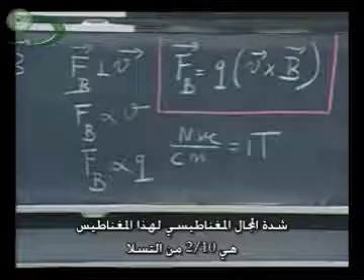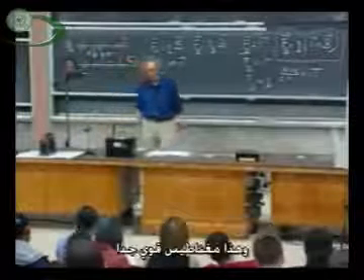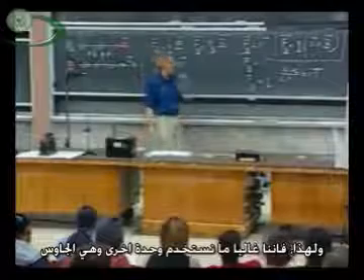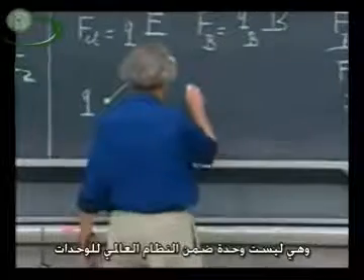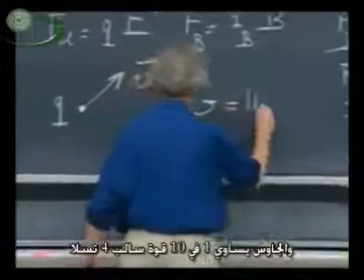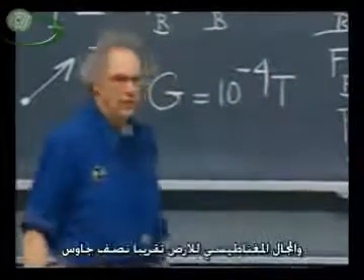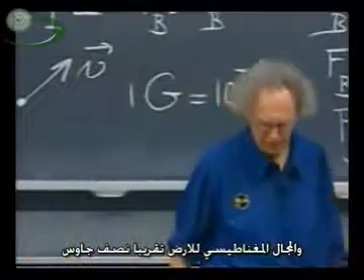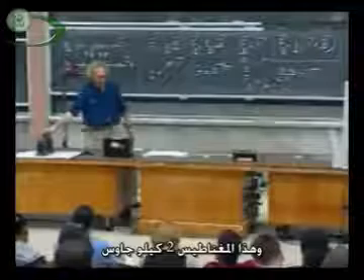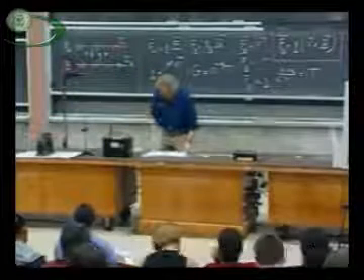The magnetic field of this magnet is only 2/10 of a Tesla, and that's a very strong magnet. We often use a unit which is the Gauss, which is not an SI unit, but you'll see it often in books, and 1 Gauss is 10 to the minus 4 Tesla. The Earth's magnetic field is roughly half a Gauss, and so this magnet is about 2 kilogauss. But the SI unit is Tesla.